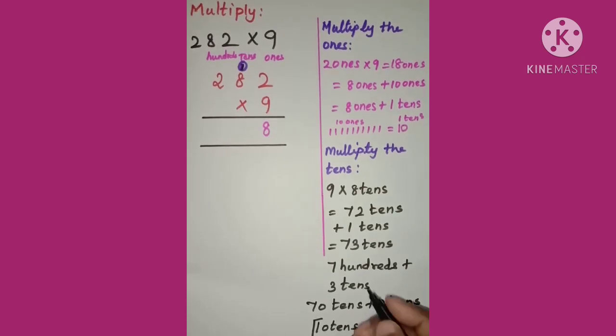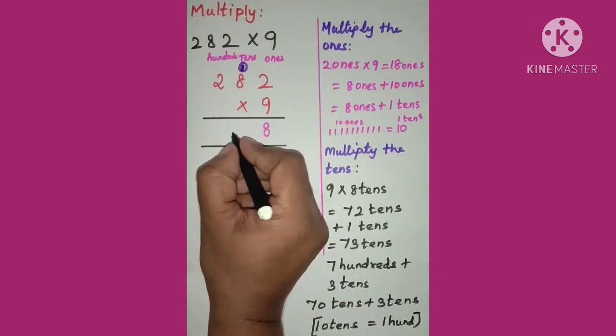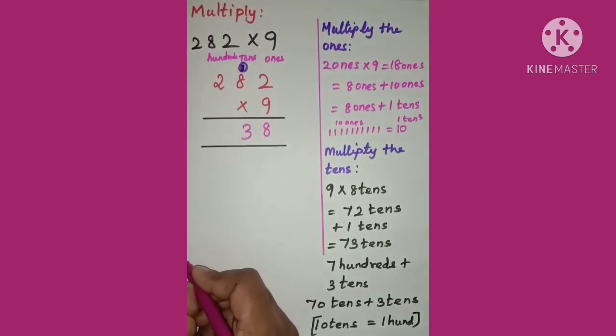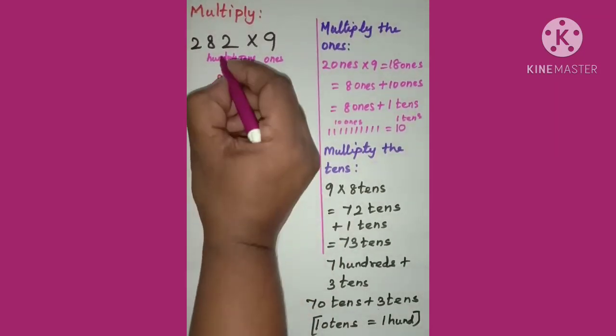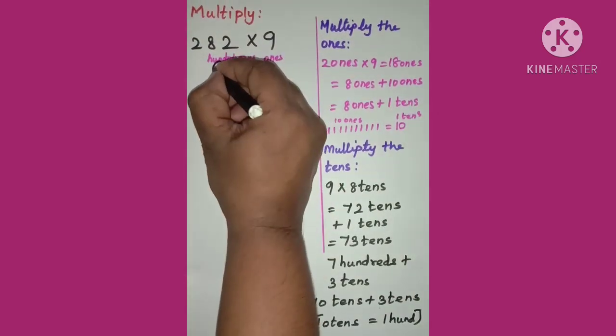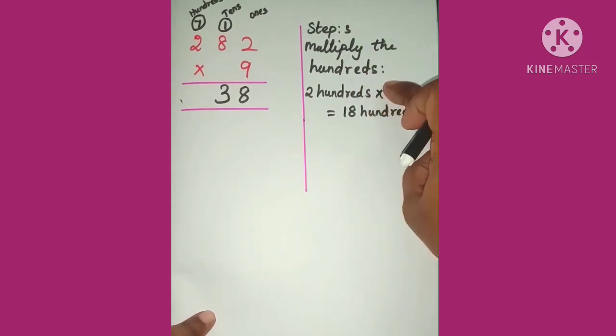Okay. So, students, listen carefully. Here in this step, 7 hundreds plus 3 tens, write 3 in the tens place and carry over 7 to the hundreds place. Now, as a third step, multiply the hundreds.